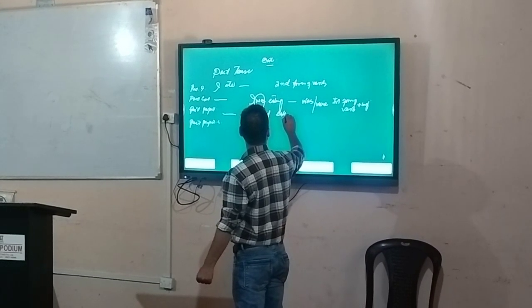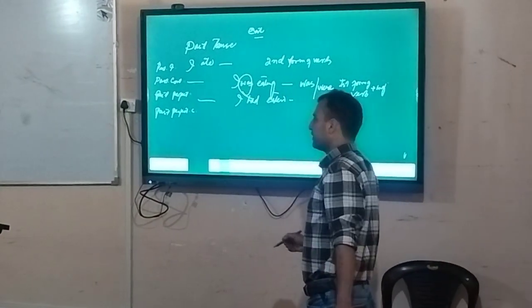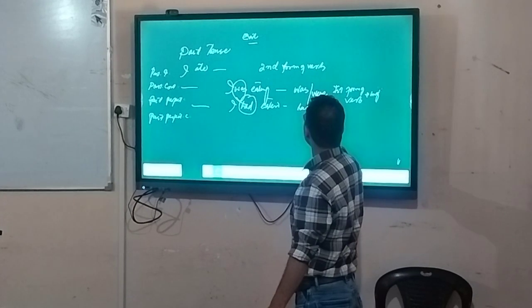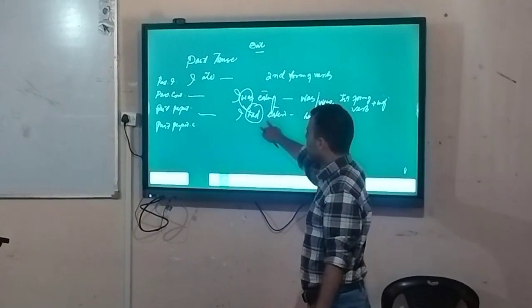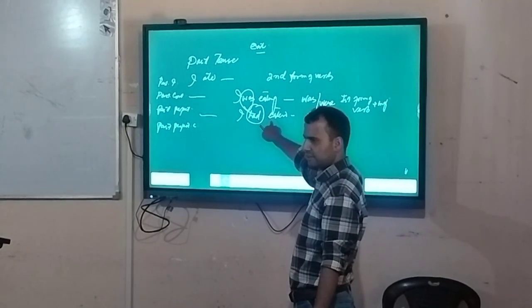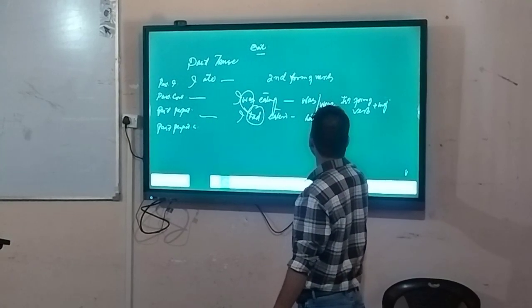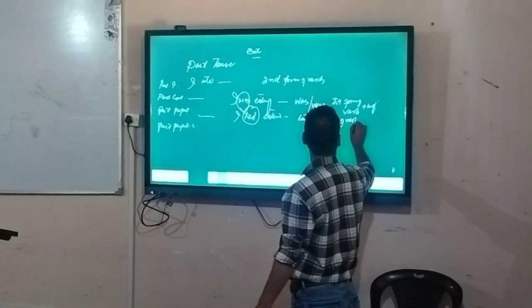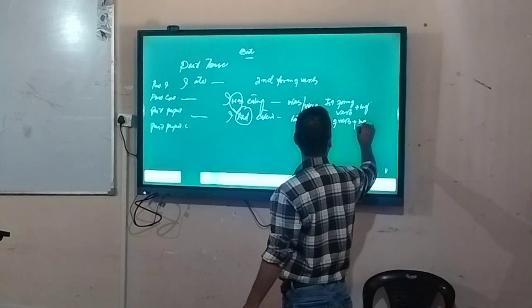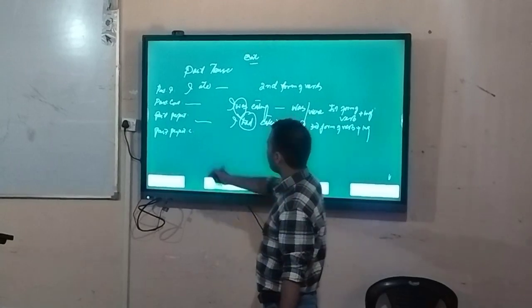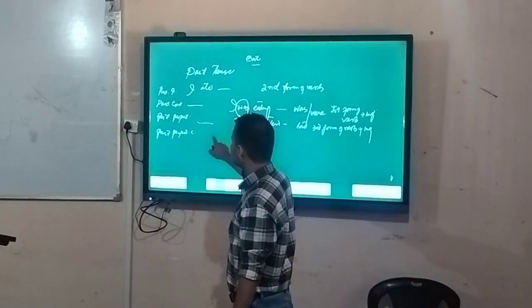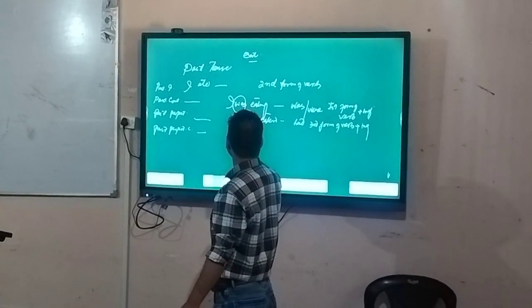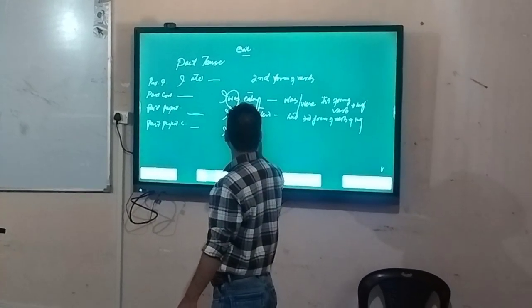Similarly, past perfect: I had eaten. We use had, plus third form of verb. This is past perfect. Now past perfect continuous: I had been eating.